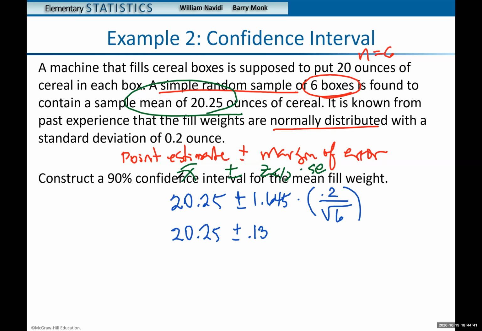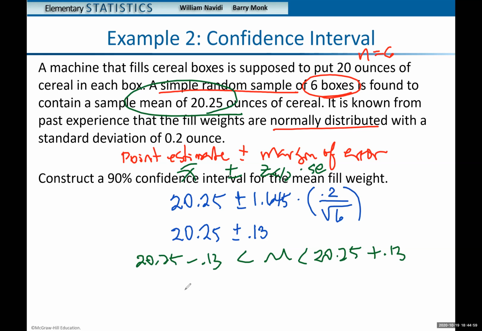So this is like 20.25 minus 0.13, and 20.25 plus 0.13. You have to solve separately.